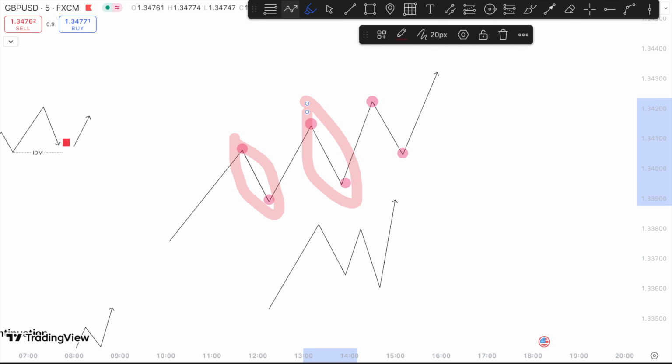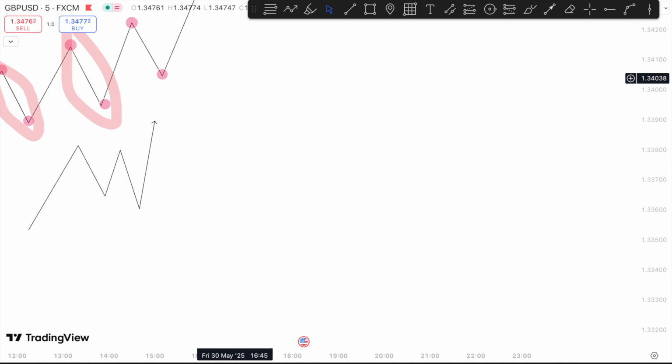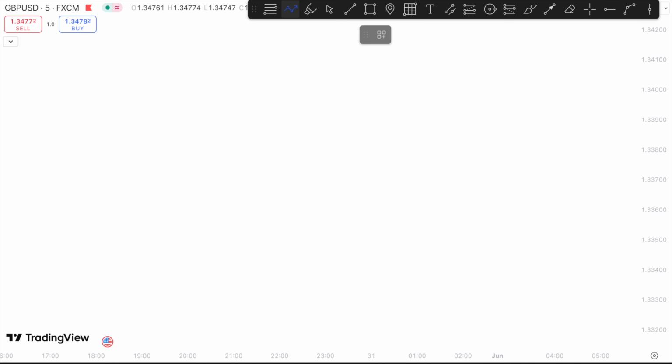Okay, so simply, how does inducement look in a chart? When a market is moving upside, it makes a low, then goes upside to take the liquidity of the previous high. After that, this structure is formed in a lower time frame, right?